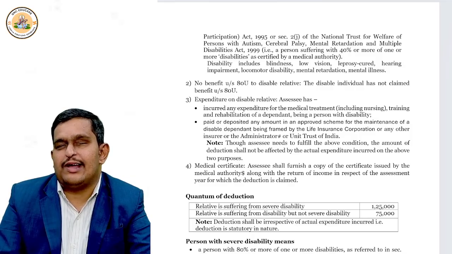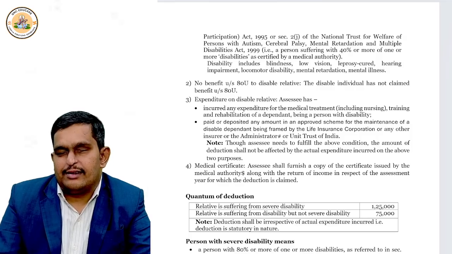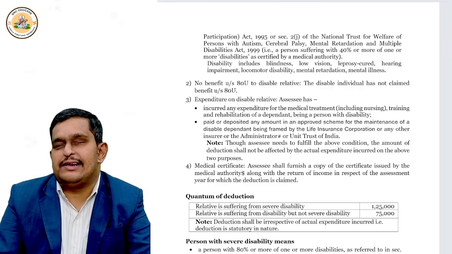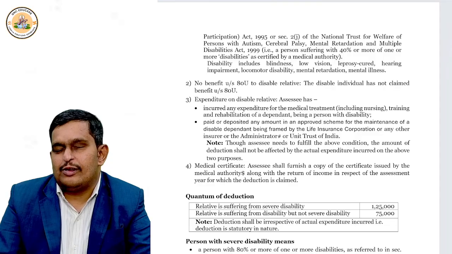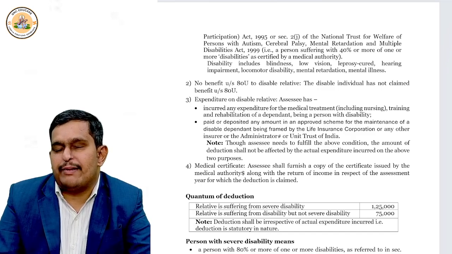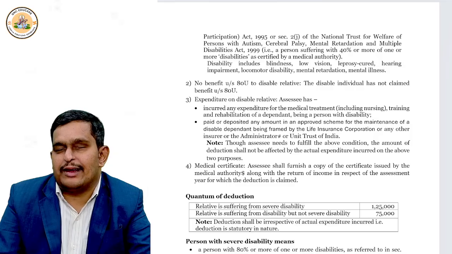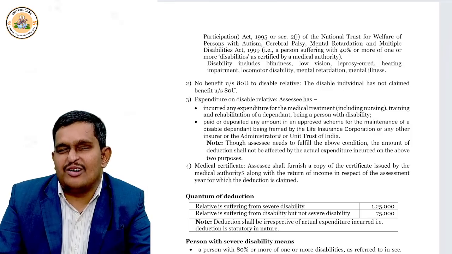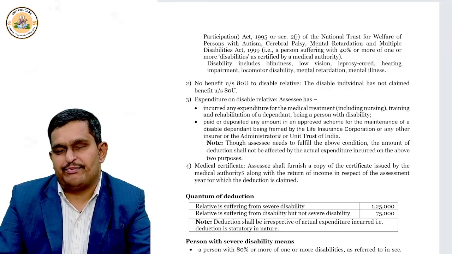So this is how we should remember. Whenever you file the return, suppose my father files the return and he claims 80DD deduction, he should also submit my medical certificate, the disabled dependent relative certificate, to the income tax department along with the return of income.